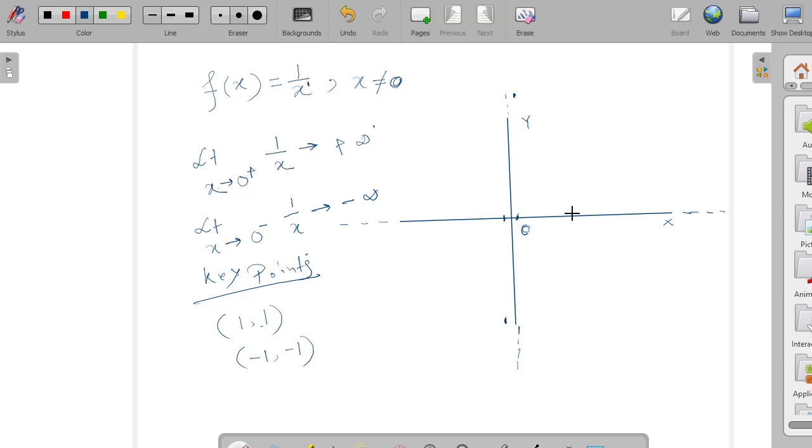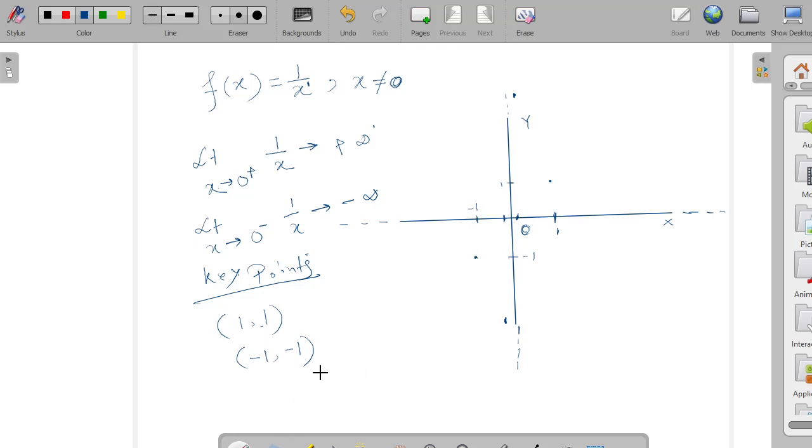So we mark these key points like this. This is our point (1, 1). And at x equals minus 1, we have y equals minus 1. So this is another key point, (-1, -1).